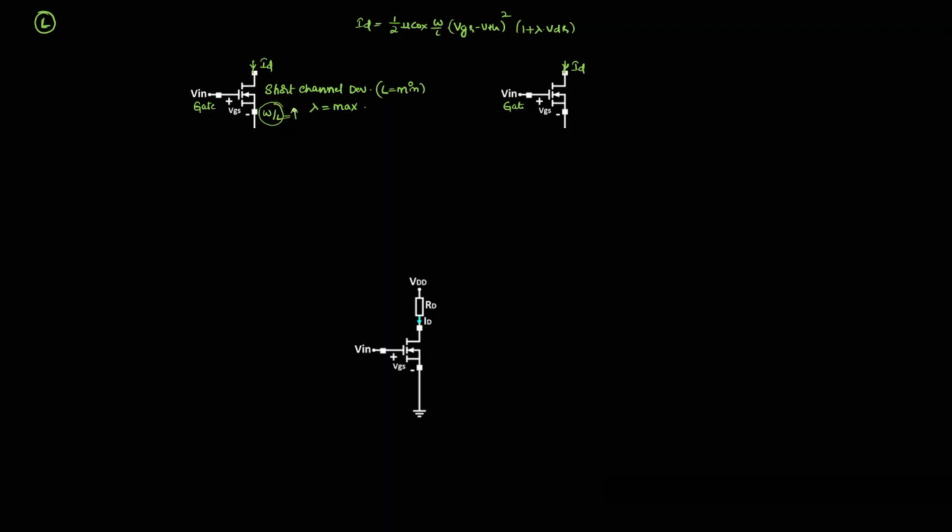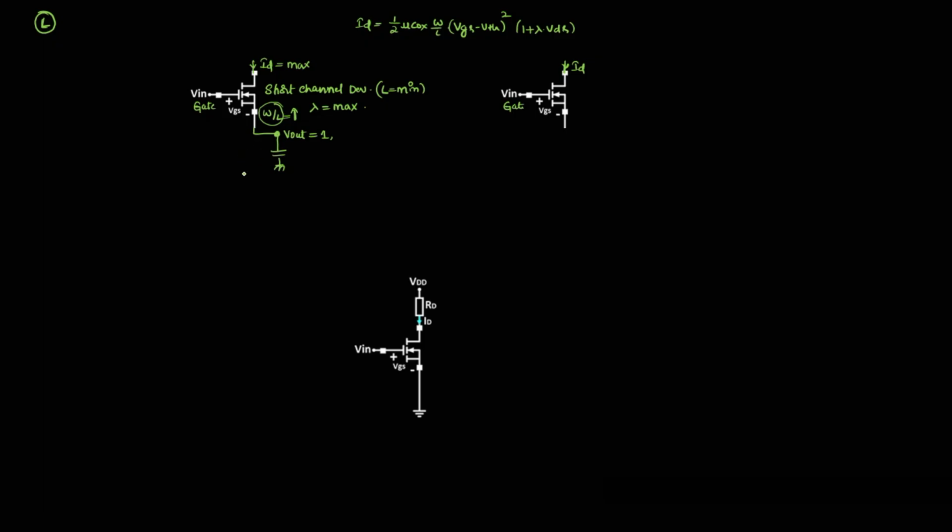When the W by L of the transistor is very high, it conducts the maximum drain current. If the drain current is maximum, the electrical node connected to the source, which I consider as the output V output, will get logic 1 immediately, because a large amount of current is conducted, so the capacitor will be charged fast, and I will get the logic 1.